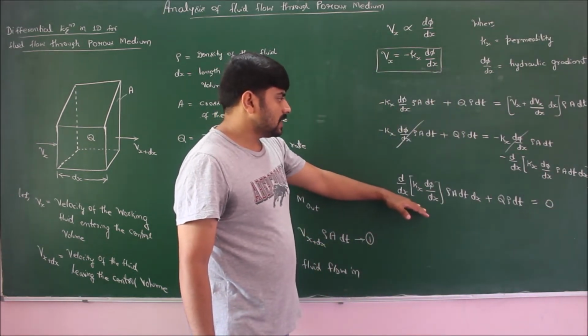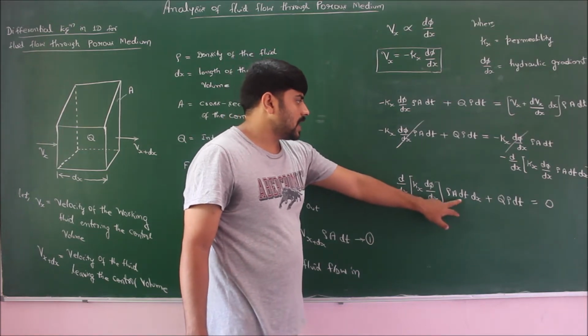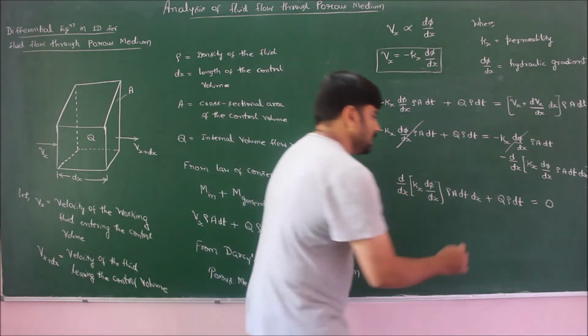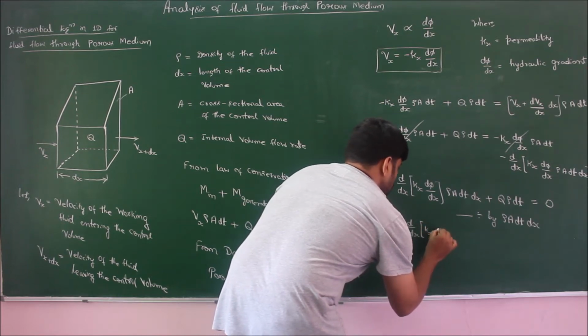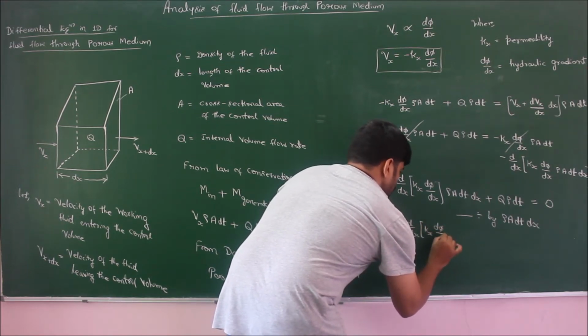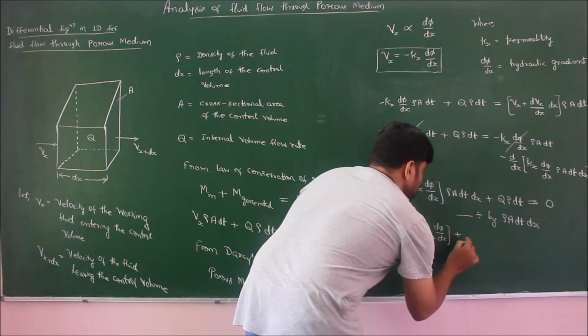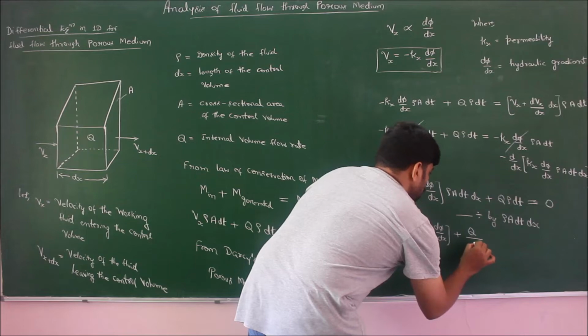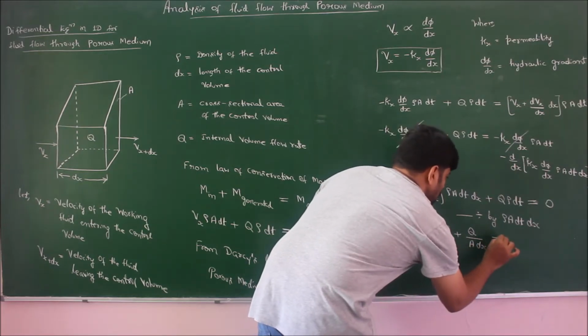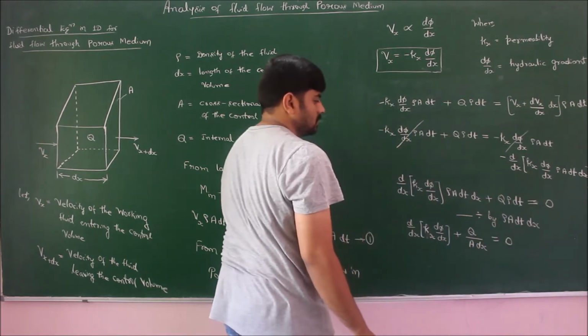So now throughout, divide this equation by rho A dt dx. I will get d by dx of k x d phi by dx plus q by A dx is equal to 0.